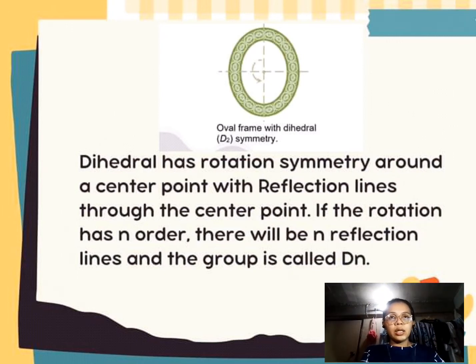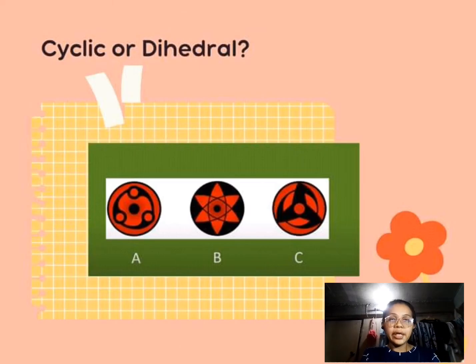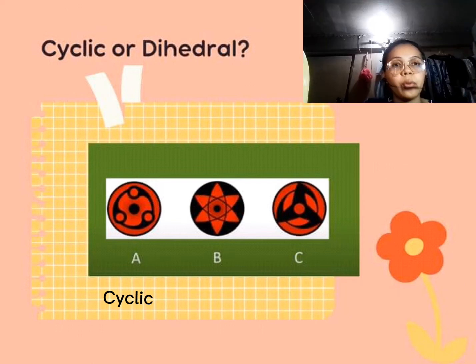So let's look at letter A. Is it cyclic or dihedral? The answer is it is cyclic only, it doesn't have reflection symmetry. What about letter B? Is it cyclic or dihedral?